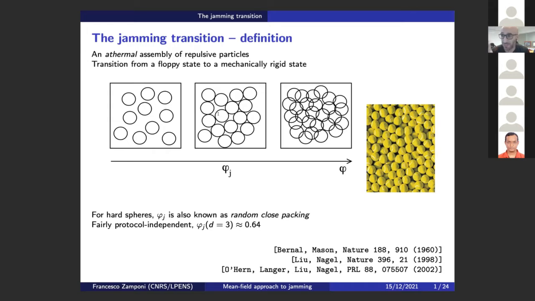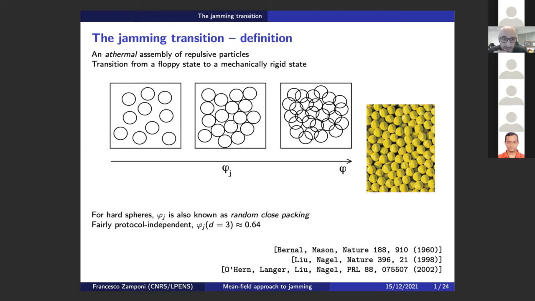So in the thermodynamic limit, you have a sharp transition between the rigid and the floppy states at a certain density called the jamming density.